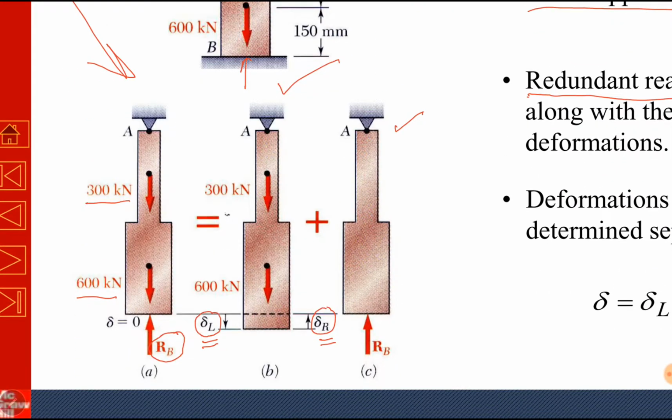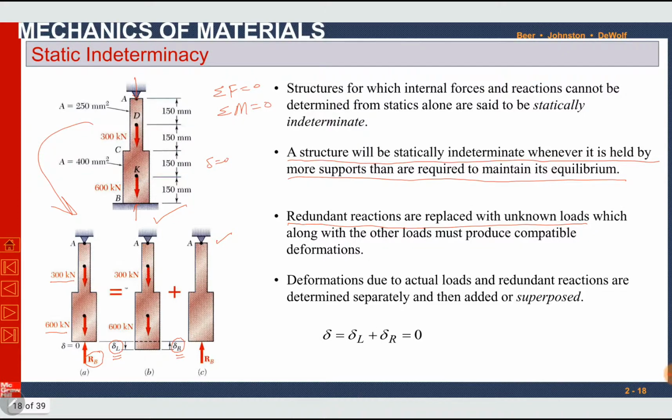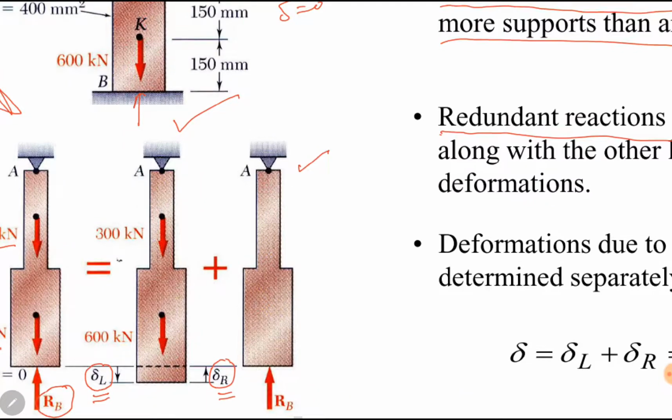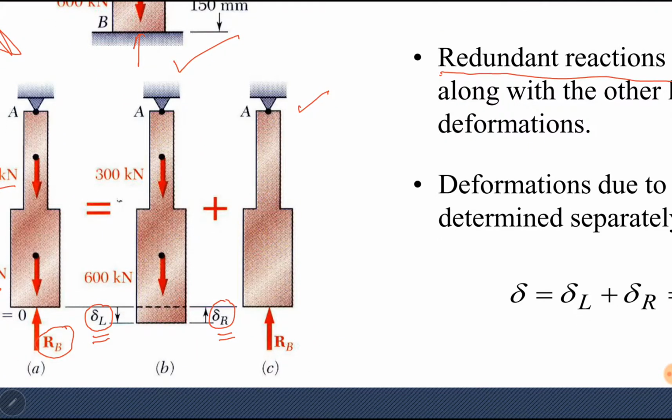We can calculate delta L using the deformation expression derived earlier, which was PL over AE. So we can find delta L using that equation. Again, delta R can also be found using the same equation. In that case, P will be RB.